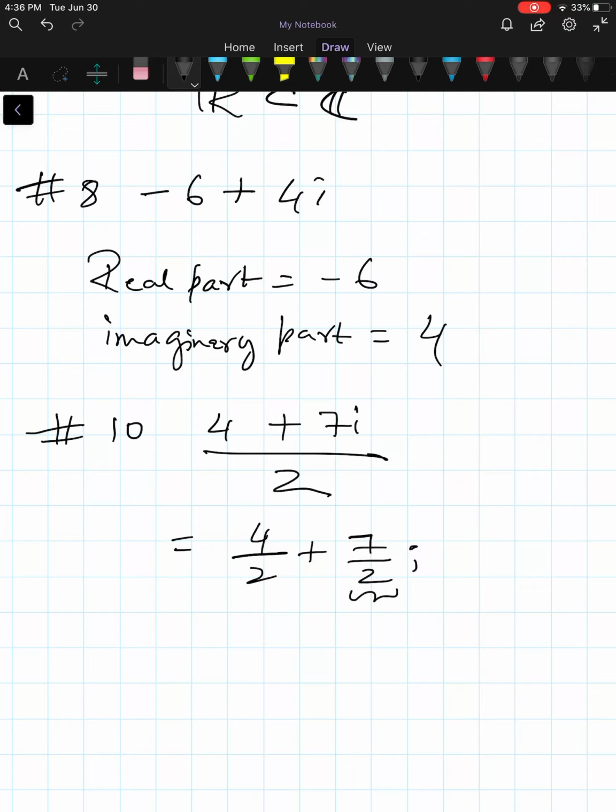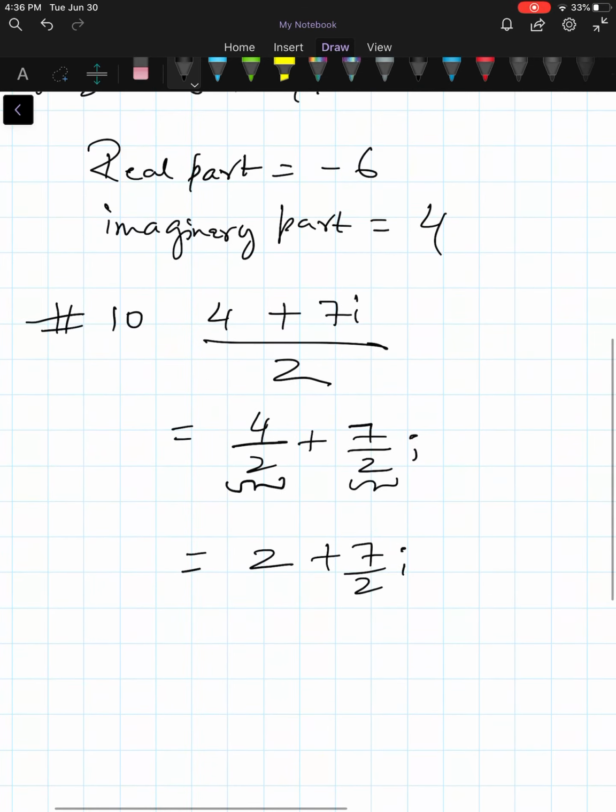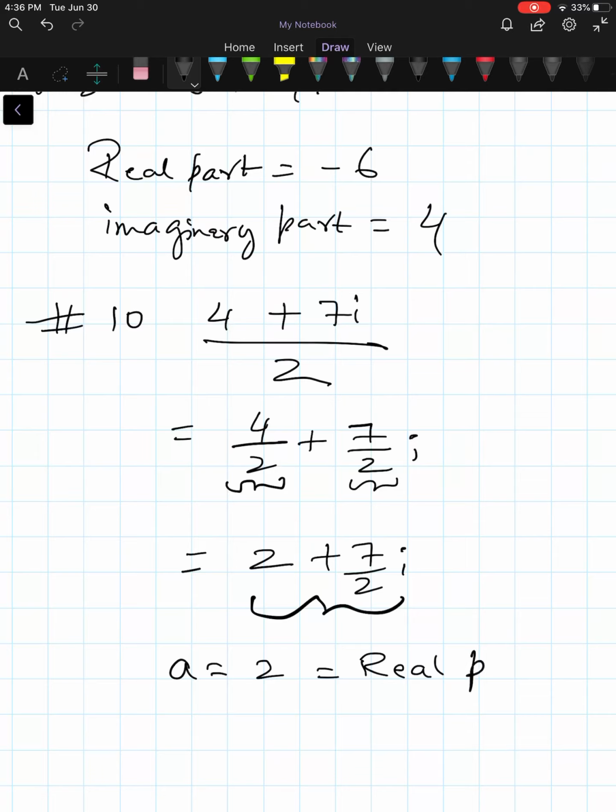We cannot do anything for 7 divided by 2, but we can reduce 4 divided by 2 to 2. So 2 plus (7 by 2)i. Now this is of the form a plus ib, where a is 2, therefore that is the real part of the complex number, and b is 7 over 2, so that is the imaginary part of the complex number.